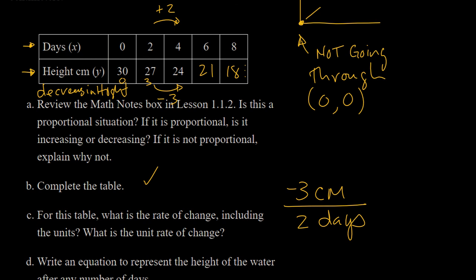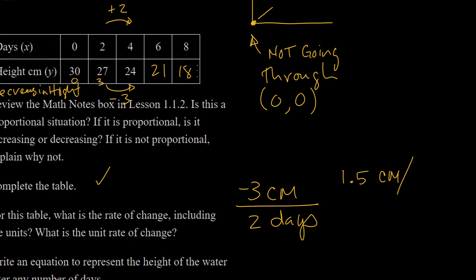And then what is the unit rate? When you take the number 3 and divide it by the number 2, you get 1.5. So the unit rate is 1.5 centimeters per 1 day, centimeters per day.